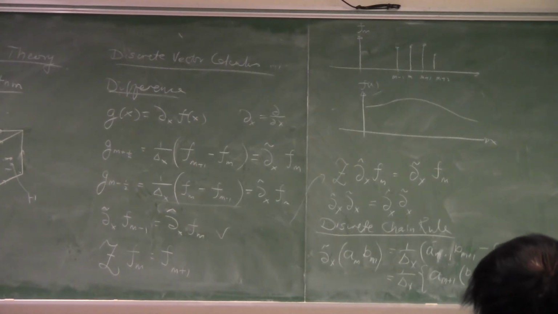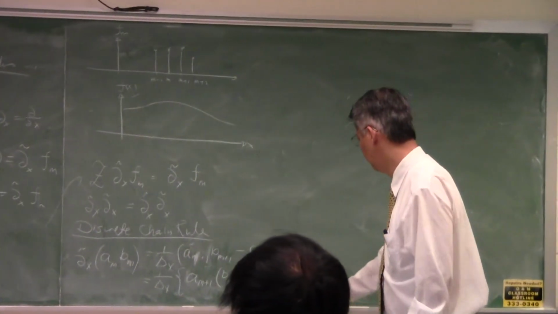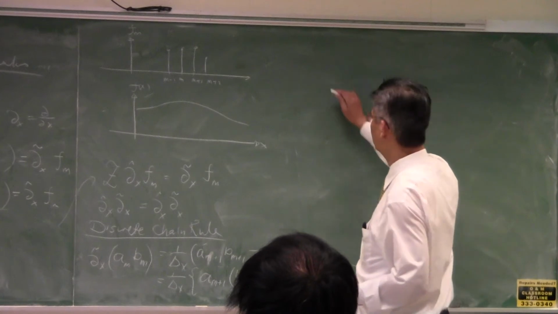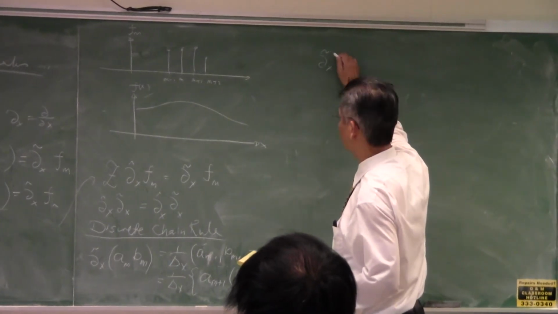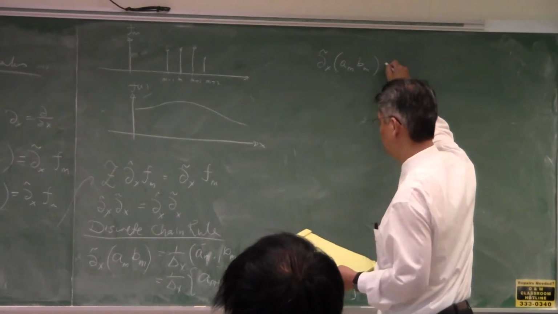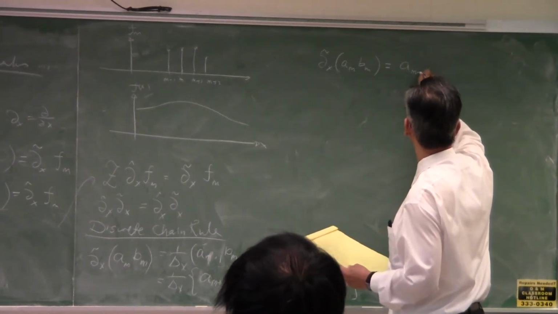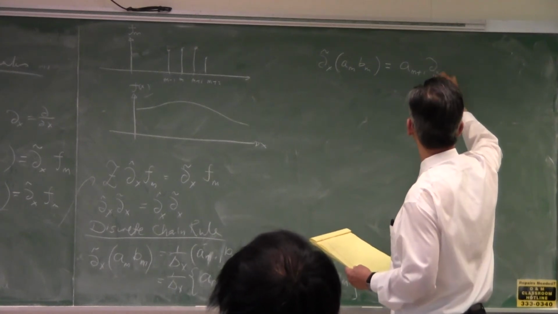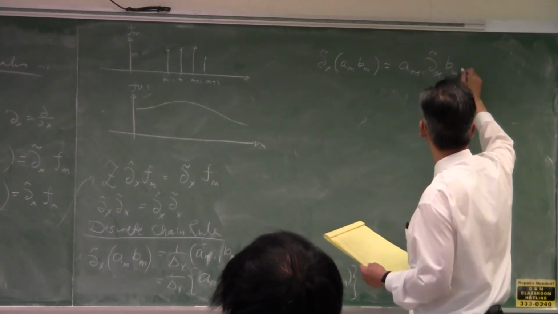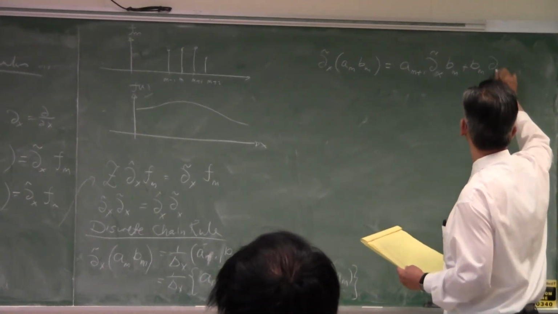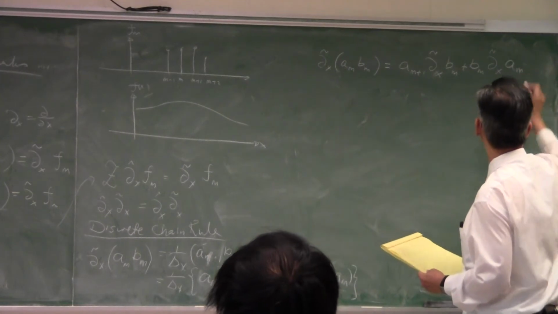As you can see, this is the forward difference of B, and this is the forward difference of A. So by the chain rule, the forward difference of the product is equal to A_{m+1} times the forward difference of B_m plus B_m times the forward difference of A_m.